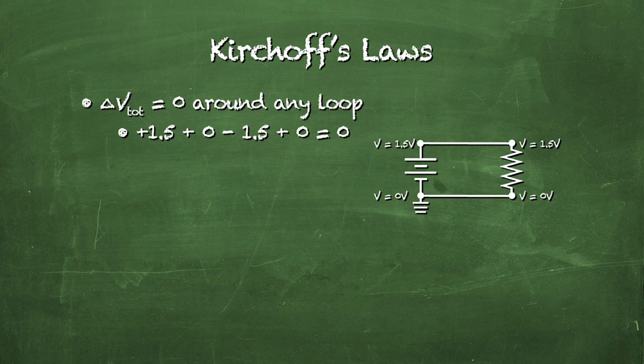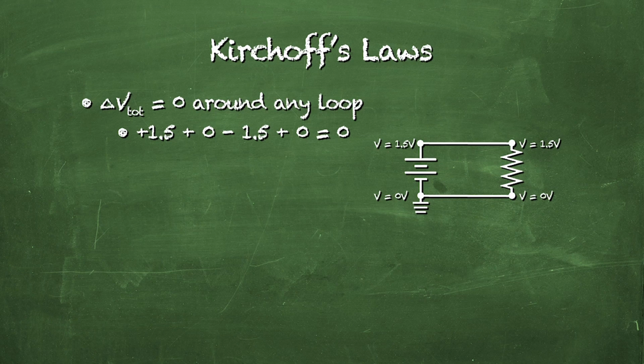Now if I travel counterclockwise from that point, meaning I go across the battery, then I go up in potential. If it's a 1.5 volt battery, then as I go from the negative to the positive side of the battery, which I do if I move up, my potential will increase by 1.5 volts.